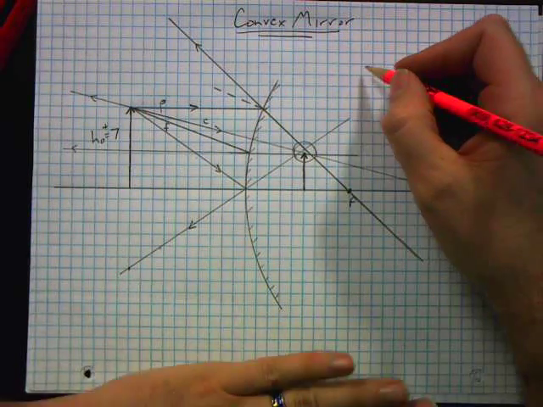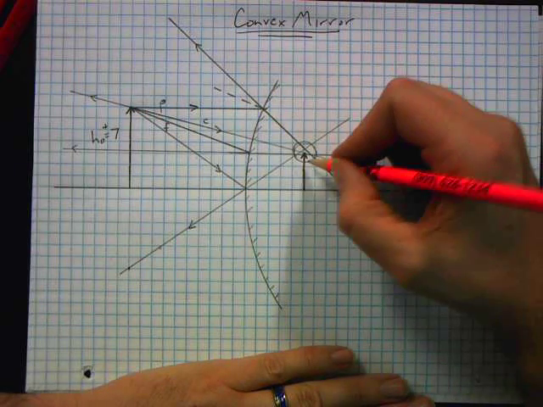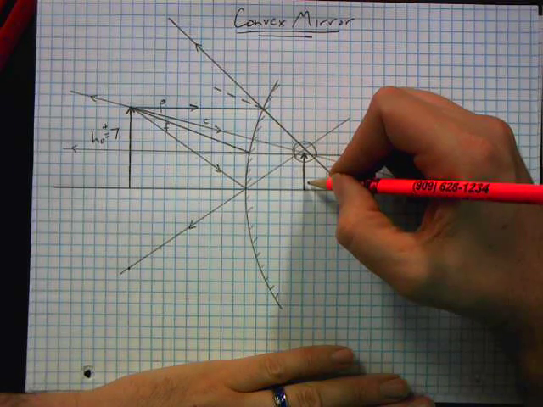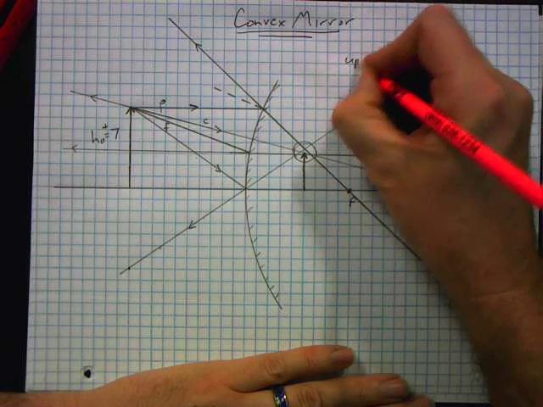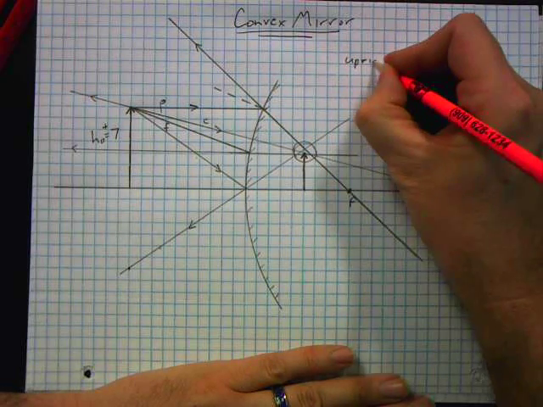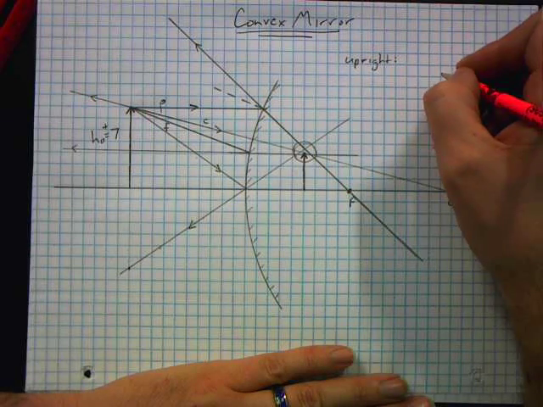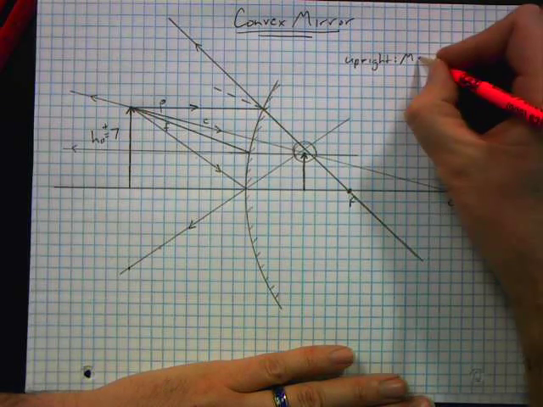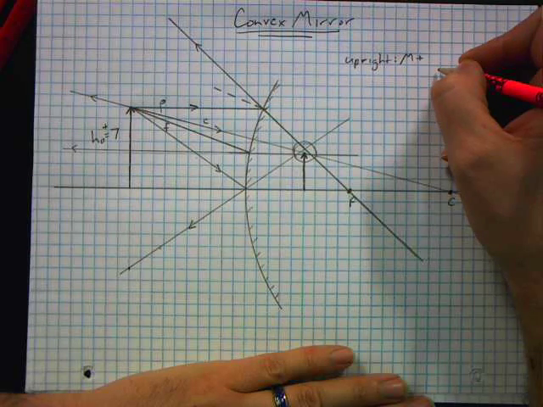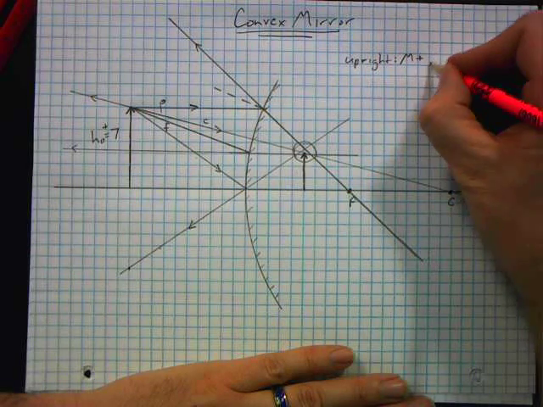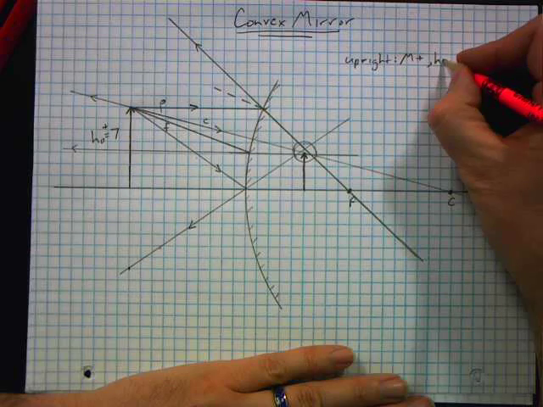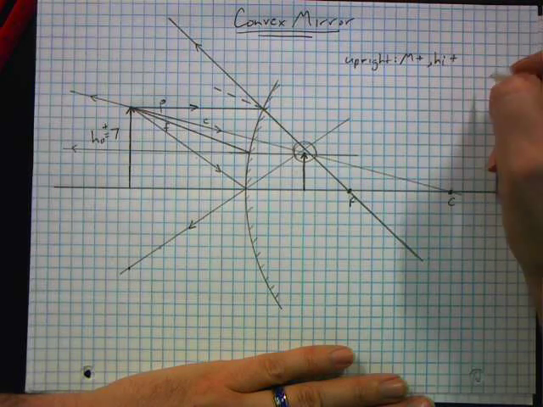The image is upright. It's not flipped upside down. Now, upright images are shown to us when our magnification is positive. And our magnification is positive when the height of our image is positive. In other words, upright.